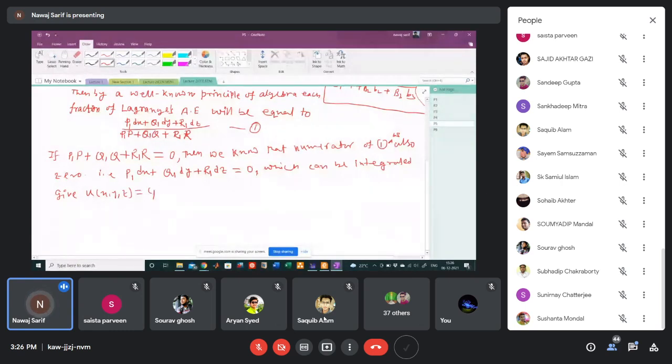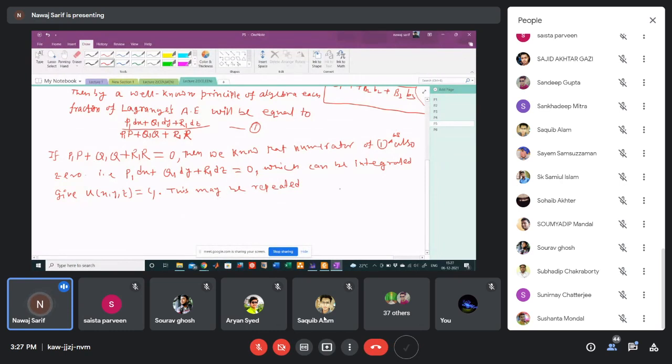Now this can be repeated to get another solution. When you multiply by p1, q1, r1, you get one solution. Again you multiply by another kind of p1, q1, r1, then you get another type of solution.